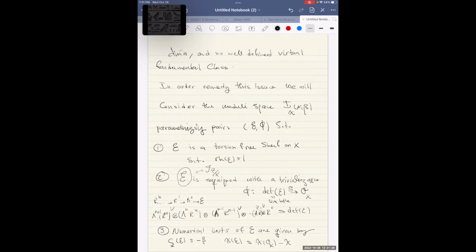Their rank is 1. An ideal sheaf is always rank 1. Their determinant is O. Yes. And their Chern classes are also this way.